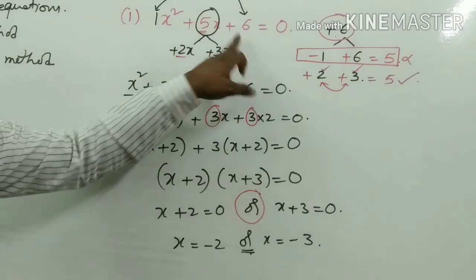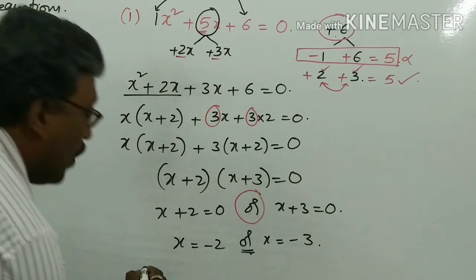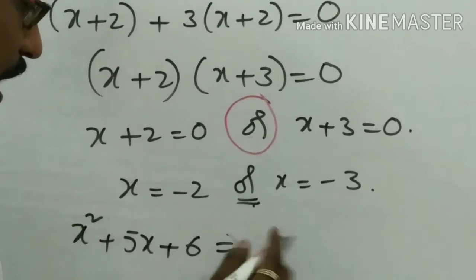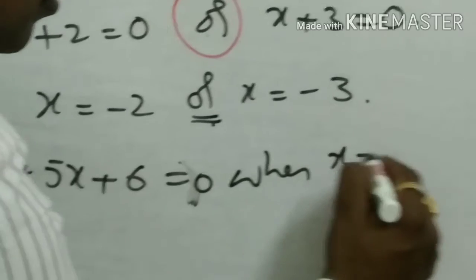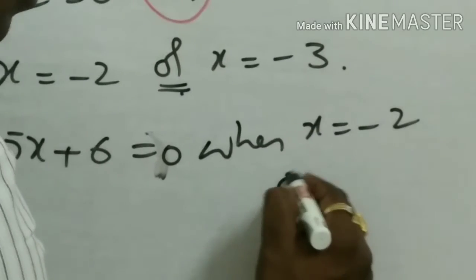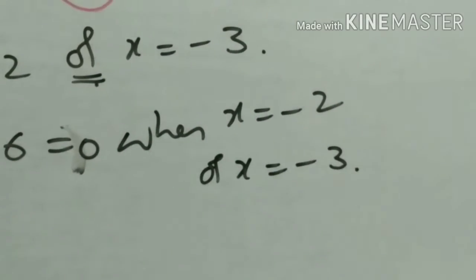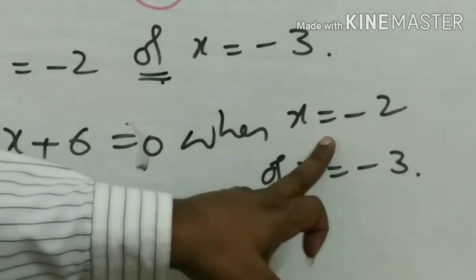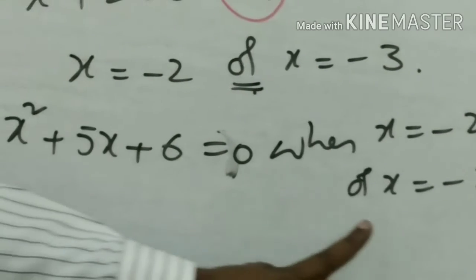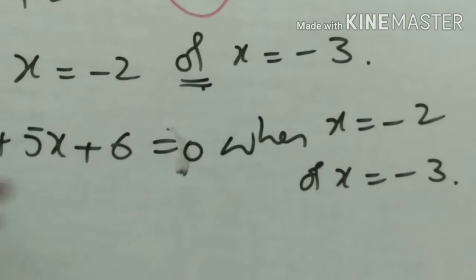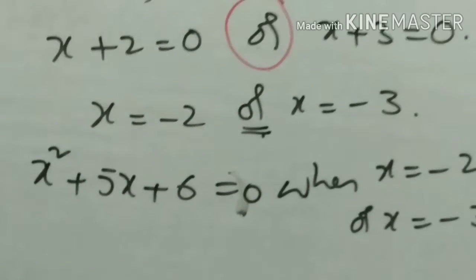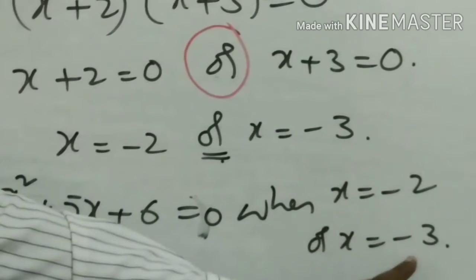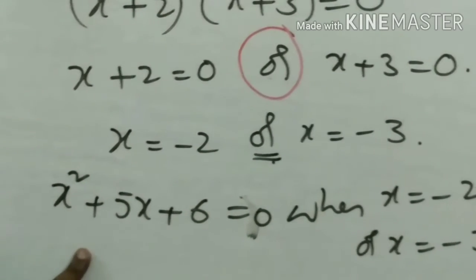So this quadratic equation x square plus 5x plus 6 equal to 0, where x is equal to minus 2 or x is equal to minus 3, will become 0 when the x value you take is minus 2 or minus 3. Other than these two numbers, if you take any other number, it won't be 0. That's why minus 2 and minus 3 will make this quadratic equation zero.